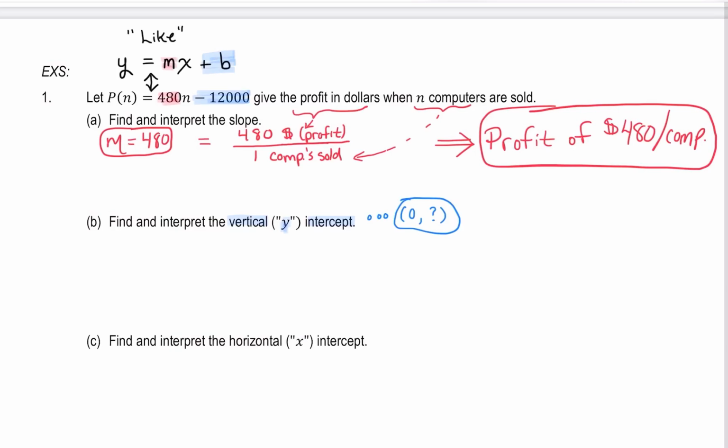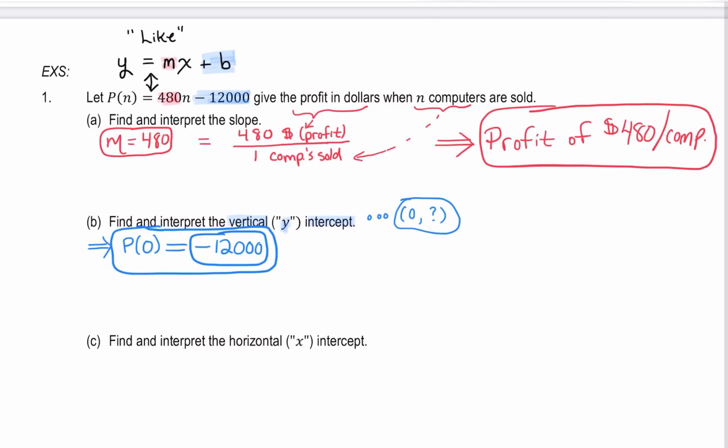And at this point, what we want to incorporate is the function notation. So we're looking at p of 0 equaling, and we've identified that that y-intercept is negative 12,000. So this is the vertical intercept, written also as an ordered pair in function notation. This helps us make that interpretation.